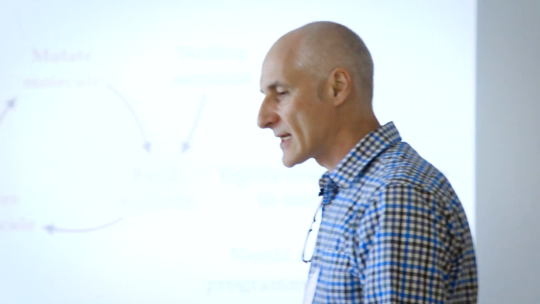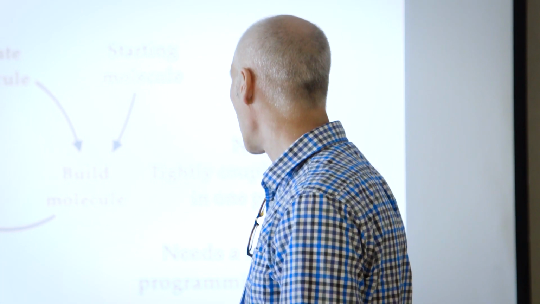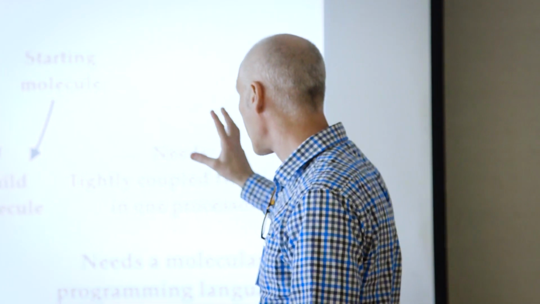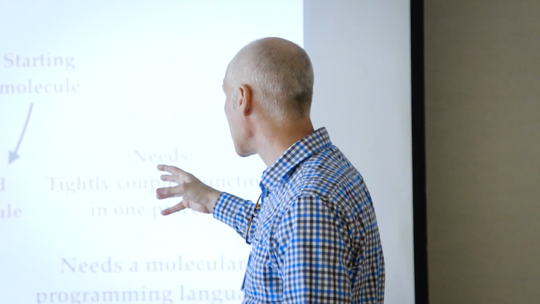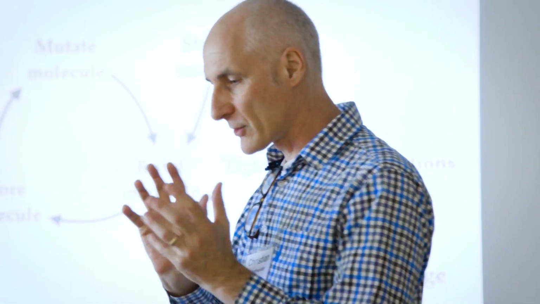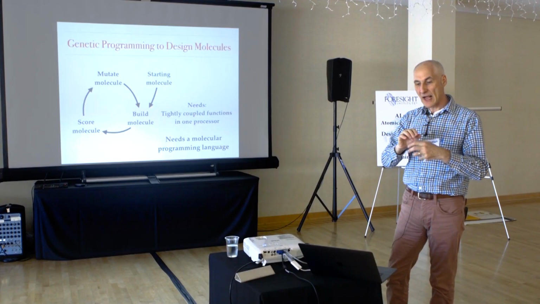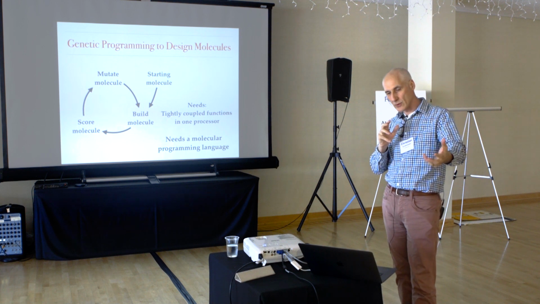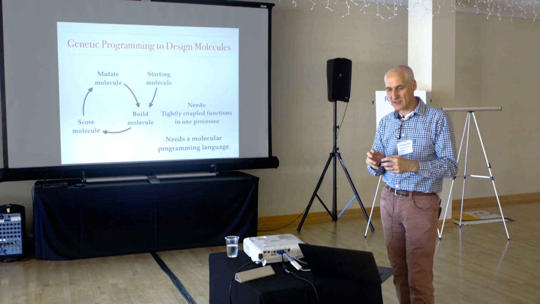So to do genetic programming to design molecules, this is what I believe you need to do. You need to do it using evolutionary techniques, where you basically have a starting structure of a molecule, you build a three-dimensional structure of that molecule, you score how well it can organize groups in space, and then you mutate it. And then depending if it scores better or worse, you keep it, or you go back to the previous design.